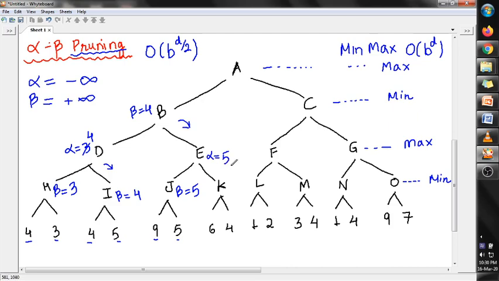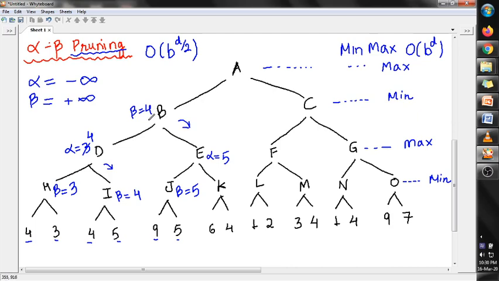So as soon as you get the value of alpha equals 5, you can see the other child has alpha equals 4, and since it is a min level, at node B you can see beta equals 4.